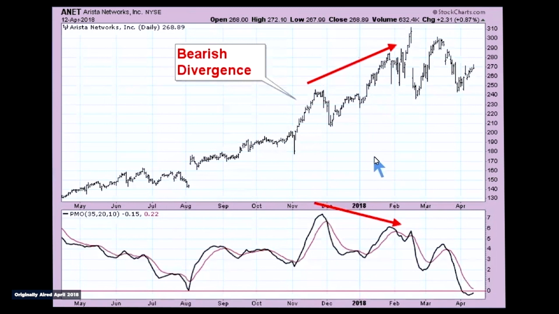And let's look at it on a chart. Start with the indicator, declining tops, declining tops. So we have declining tops on the PMO, and we have rising price tops. So we're seeing a deterioration of momentum, yet price is trying to push higher.